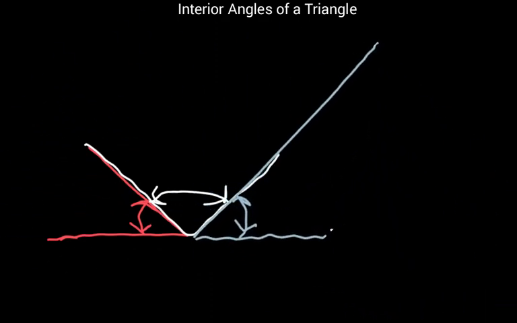The red, the white, and the blue are the three interior angles of the triangle. We'll call the red angle A, plus let the white be angle B, plus the other angle, angle C, always adds up to 180 degrees.